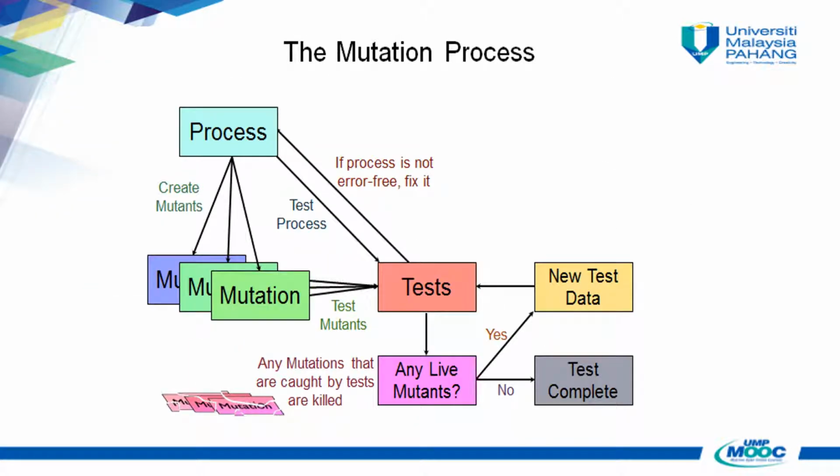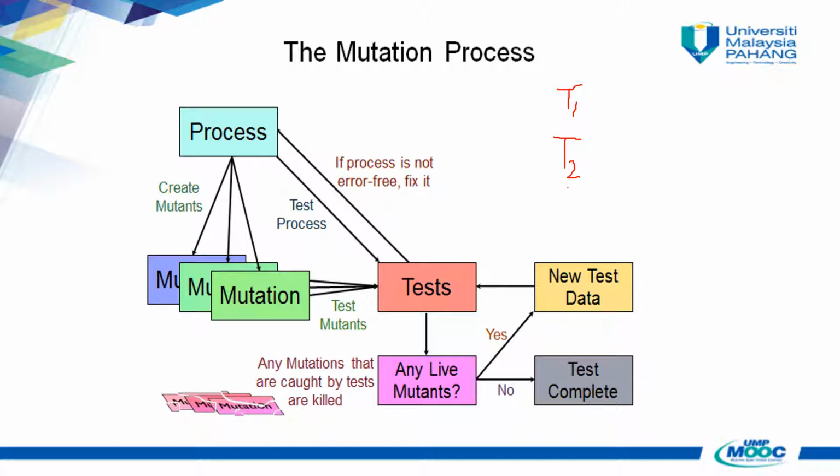So the process, as mentioned in the previous slide, is that we create several mutants by changing a single fault in the original. Let's say we create 3 mutants of the original, and then we apply the test cases, test case 1, test case 2, and several others.